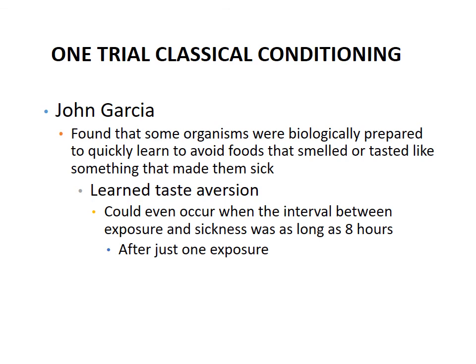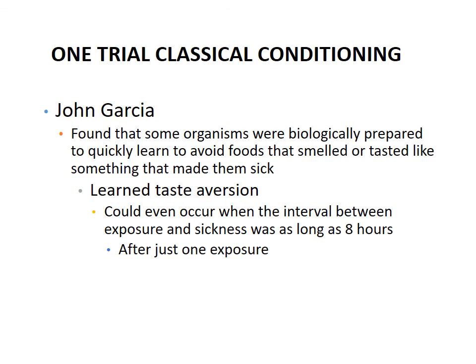So the two rules, or a couple of the rules that we talked about before, are violated in this type of learning. First of all, the pairing happens one time. It is a one-time association. I ate the shrimp, I got sick, I don't want shrimp anymore. The illness came a long period after the food was ingested.